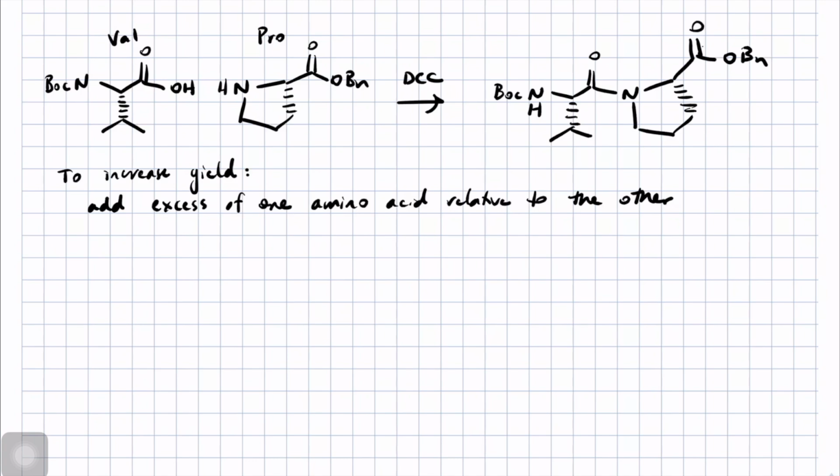You'd have an excess of amino acid, you'd have an excess of coupling reagent, and hopefully that would push the reaction to completion. But if you use an excess of one amino acid relative to the other, you suddenly have a purification problem, because now you have to separate your desired dipeptide from the unreacted 4 equivalents of valine.